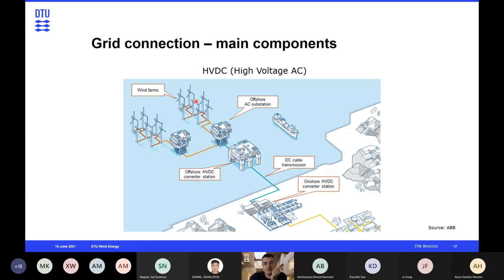It is very similar to the AC one, with the difference that you need to have two converter stations: one offshore as a rectifier from AC to DC, then transmitted to shore, and of course on the onshore part we need to have an inverter to transform it back to AC and feed it into the main AC system.